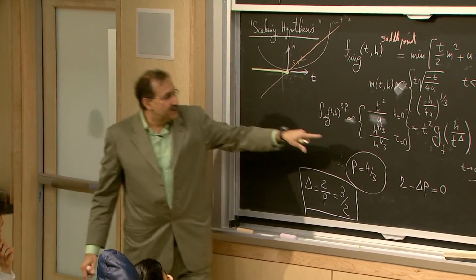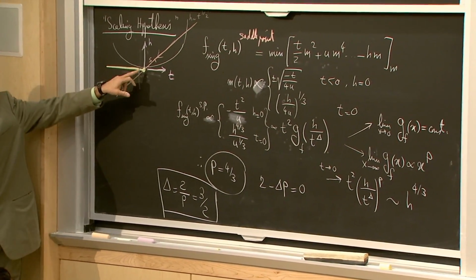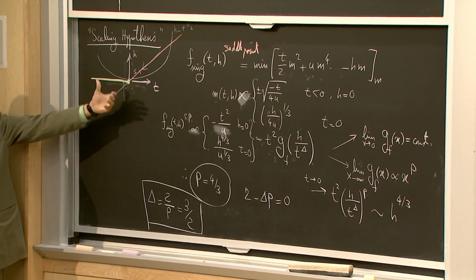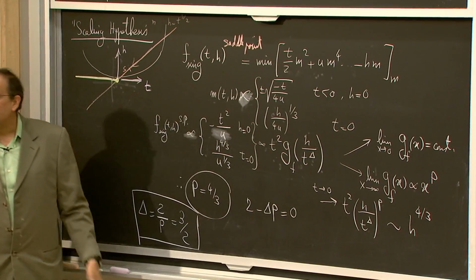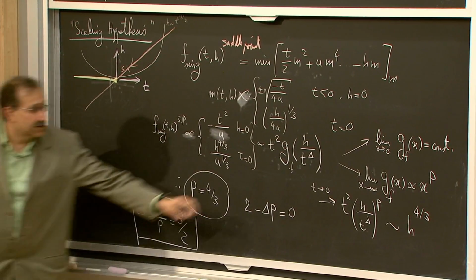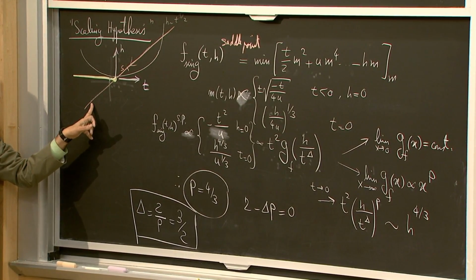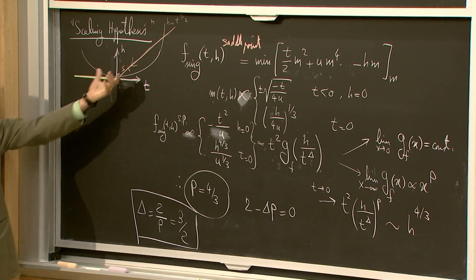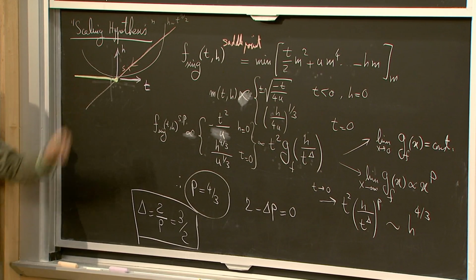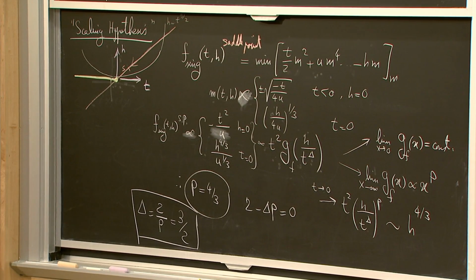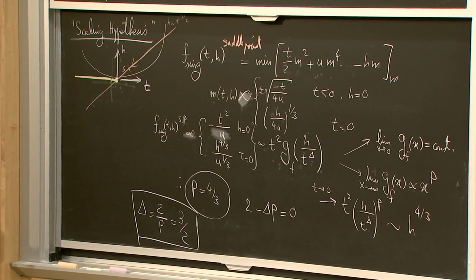You can see, however, that the combination h over t to the delta, as s goes to 0, will diverge, because I have a power of 3/2 down here for s that will overcome the linear power that I have over there. So for any linear path that goes through the critical point, eventually for small s, I will see the type of singularity that is characteristic of the magnetic field, if the exponents are according to this saddle point.